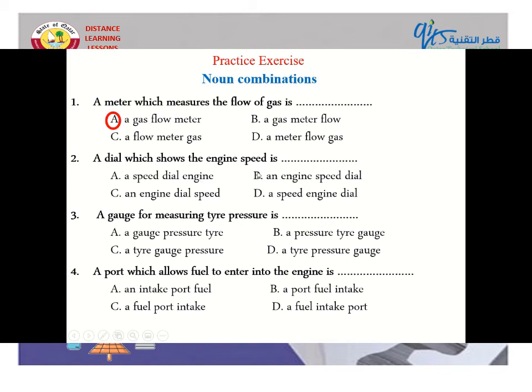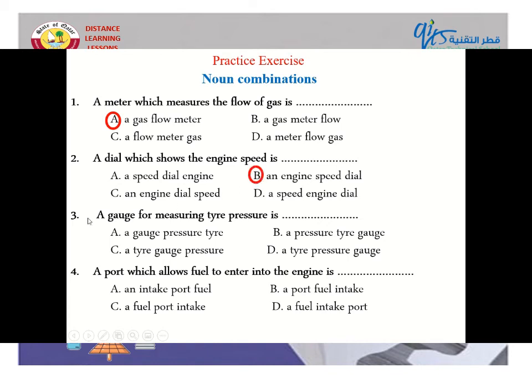So we are left with B and D. So an engine speed dial and a speed engine dial. So now we have to look at the word order. So let's go back to the question, engine speed. So the order is engine speed, not speed engine. So our correct answer is B.